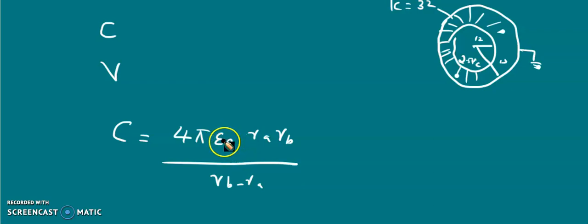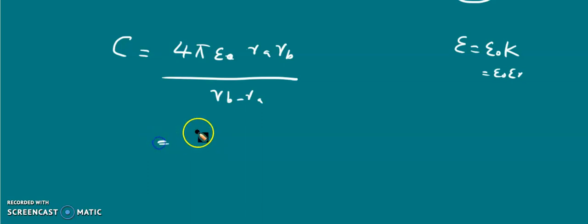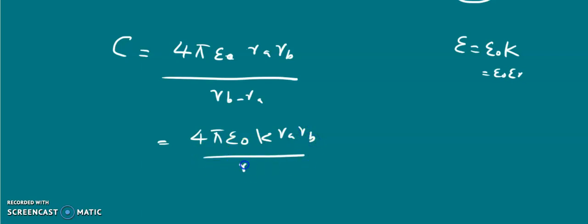If there is another dielectric medium, we have to replace this epsilon 0 by epsilon, where epsilon is equal to epsilon 0 into K, or epsilon 0 into epsilon R. So we just multiply. This can be written as 4 pi epsilon 0 K Ra Rb by Rb minus Ra.